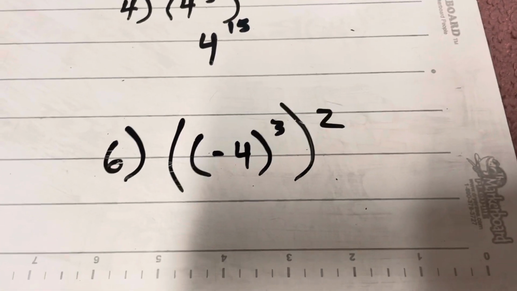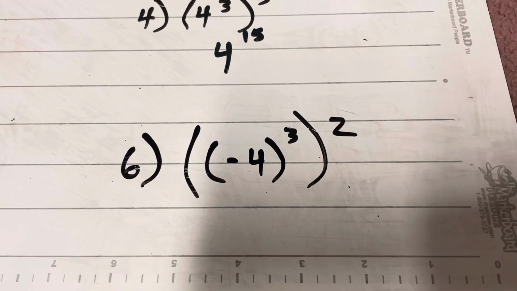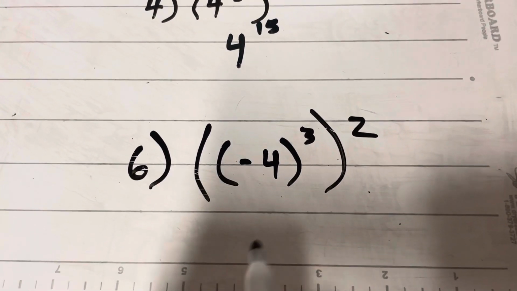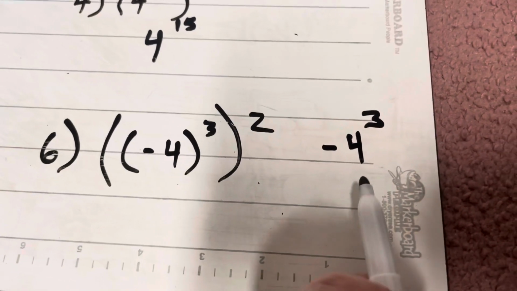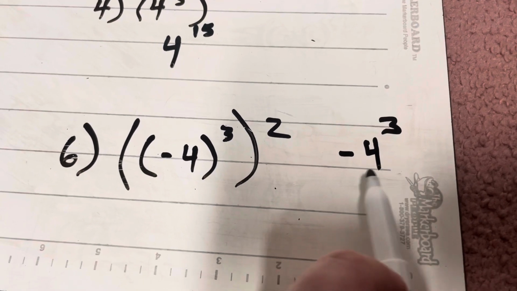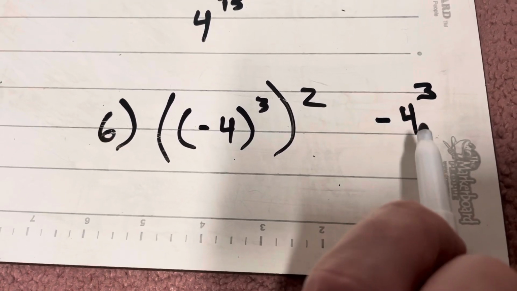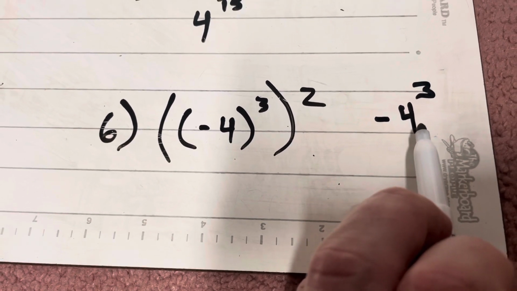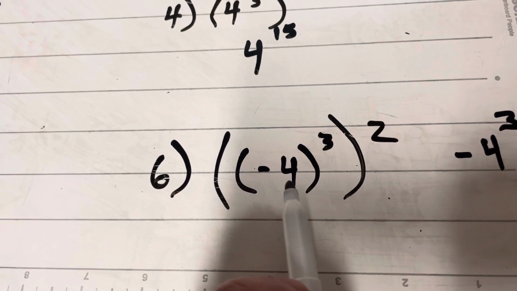Well, here we have negative 4 to the power of 3. That whole thing is in parentheses. And then to the power of 2. Now, once again, remember when I do this, this is just 4 to the power of 3, and you put a negative sign in front of it. So this would be 4 times 4 times 4, and whatever the answer is, I'd put a negative sign in front of it. This here means that it's the whole negative 4.